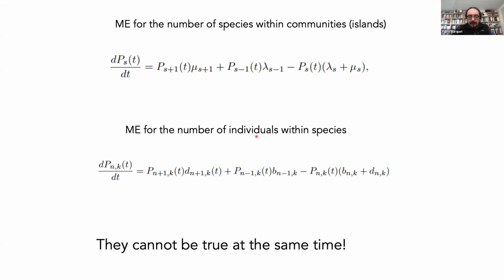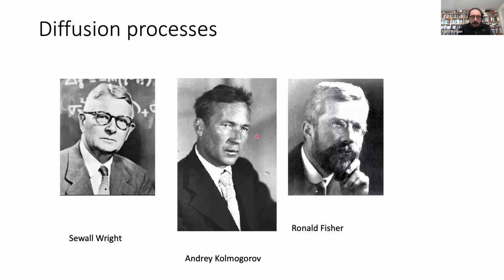Hubbell realized that too, but there was nothing they could do about it. Well, one possibility that we tried to work with was to change the frame of reference and do what has been done for ages, which was to go into diffusion processes, the same as Sewall Wright did in a very interesting way.